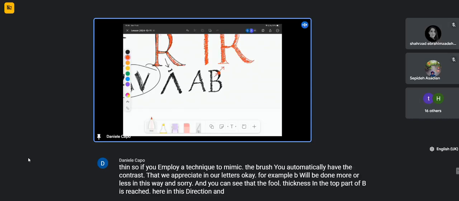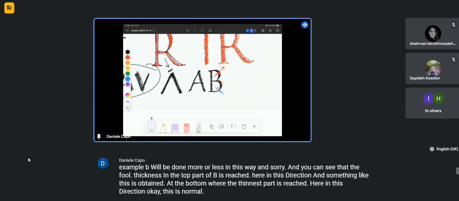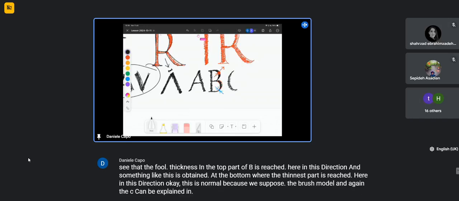And something like this is obtained at the bottom, where the thinnest part is reached here, in this direction. Okay, this is normal because we suppose the brush model. And again, the C can be explained in the same way.